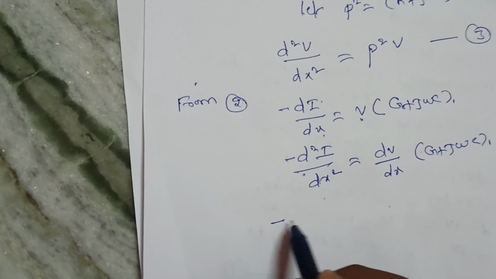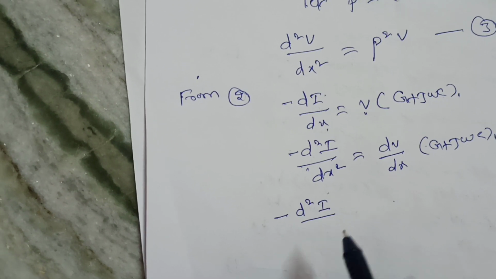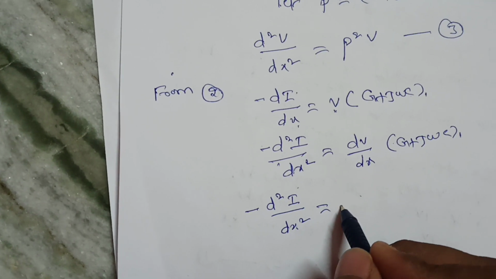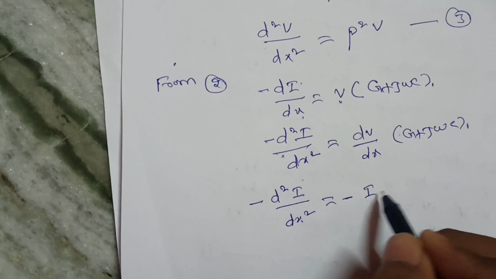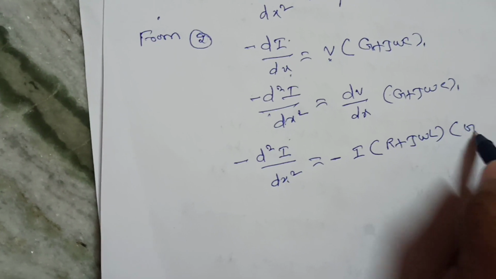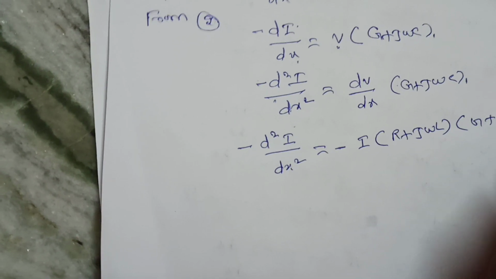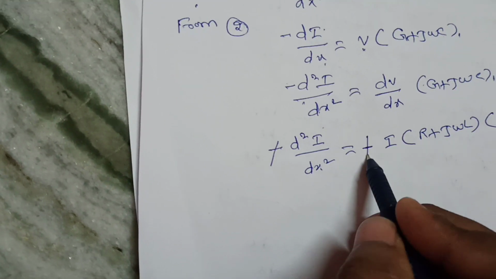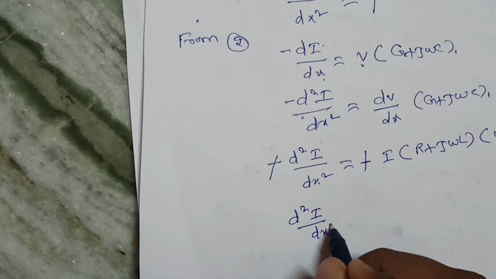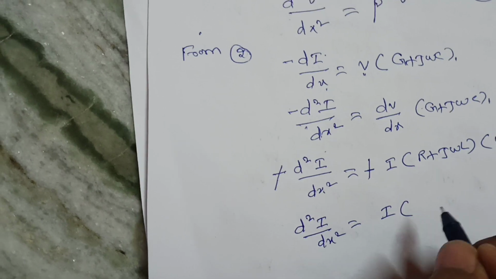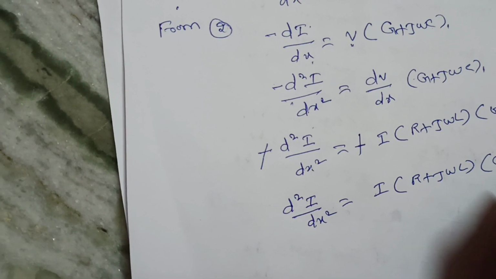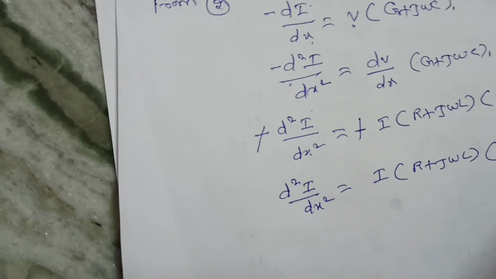Then minus d square I by dx square is equal to minus I of r plus j omega l into g plus j omega c. Then minus cancels. So d square I by dx square is equal to I of r plus j omega l into g plus j omega c.